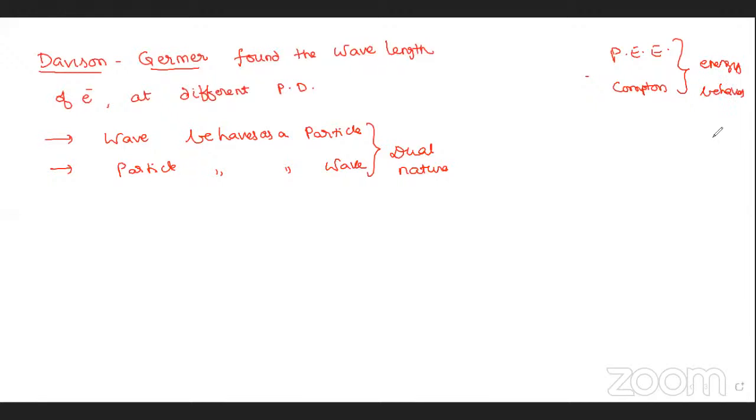Finally, from de Broglie hypothesis and Davisson and Germer experiment, we found that particle behaves as an energy. Therefore, the final conclusion: always in physics, nature loves symmetry.